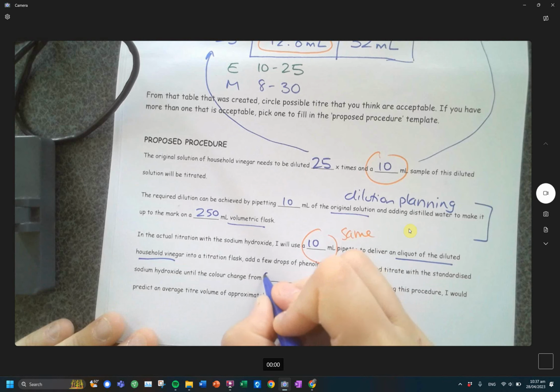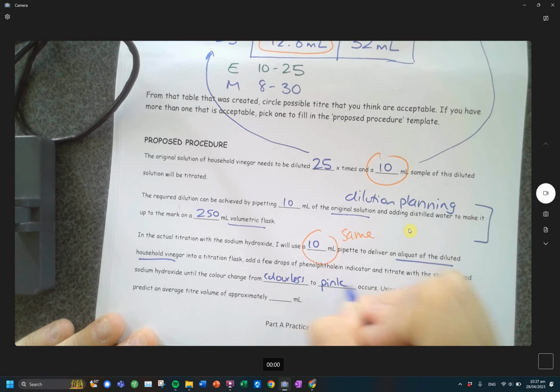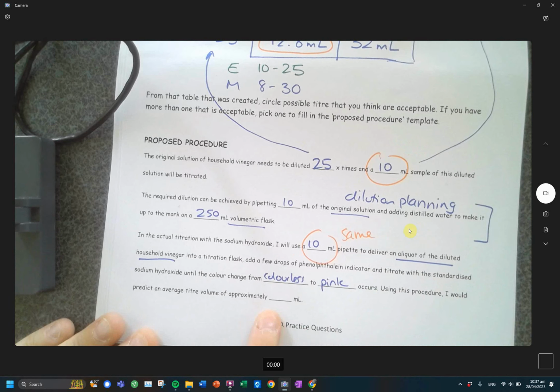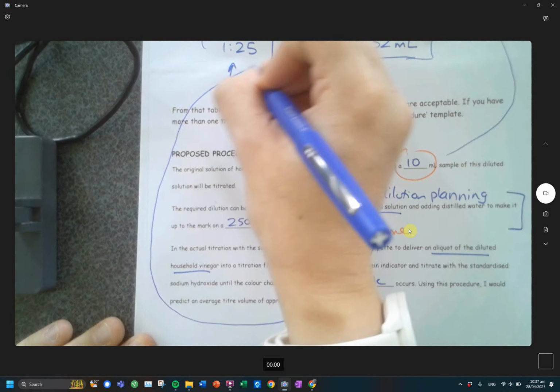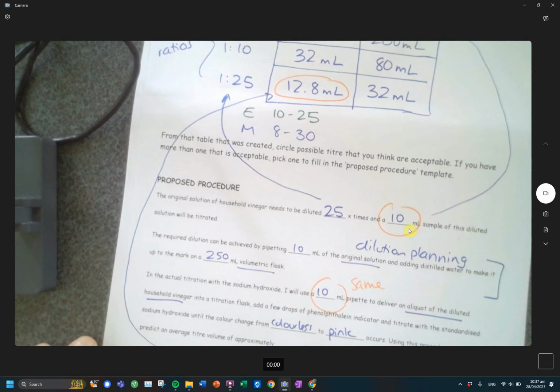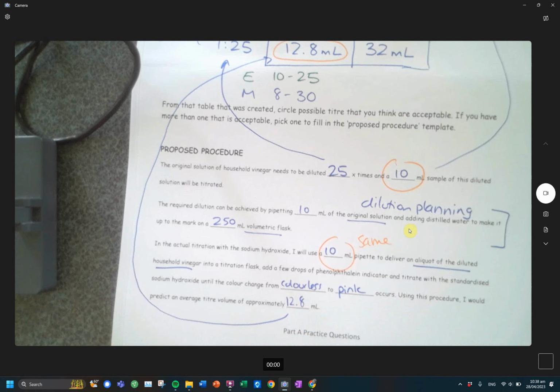The color change should be colorless to pink. And then this last bit here is talking about the average titrate volume. So that is coming from your table that you've selected. So 12.8. And that's how you fill out your procedure.